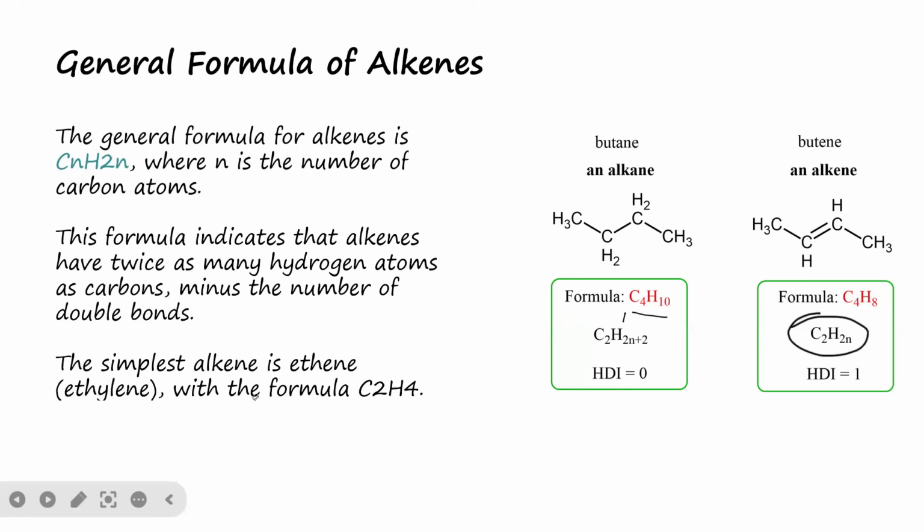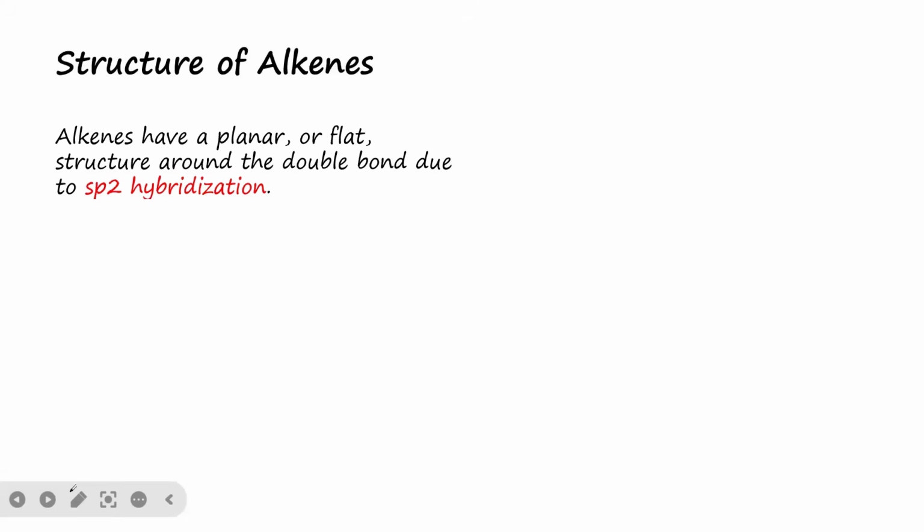The simplest alkene is ethene, which is also known as ethylene, with the formula C2H4. Now, what is the structure of alkenes?